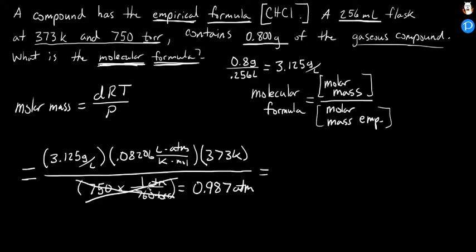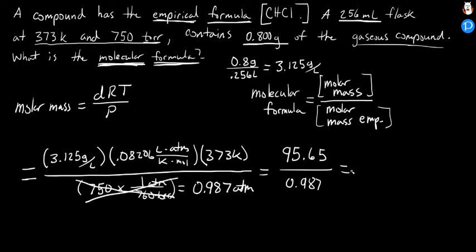So 3.125 times 0.08206 times 373. Up in the top here, I get 95.65 all over 0.987.